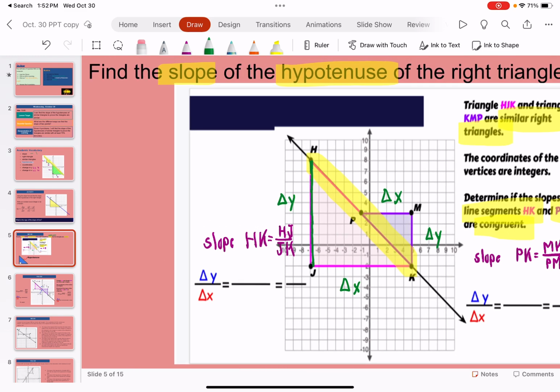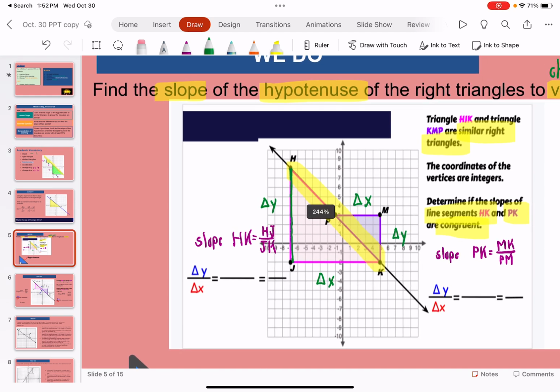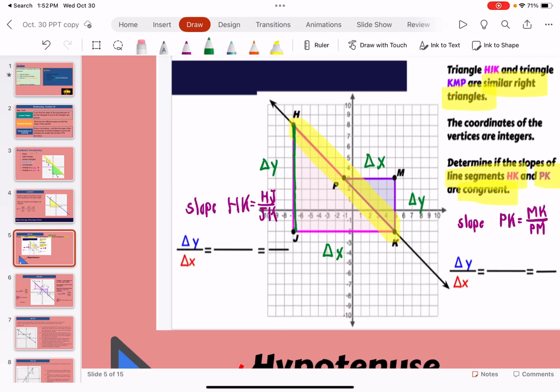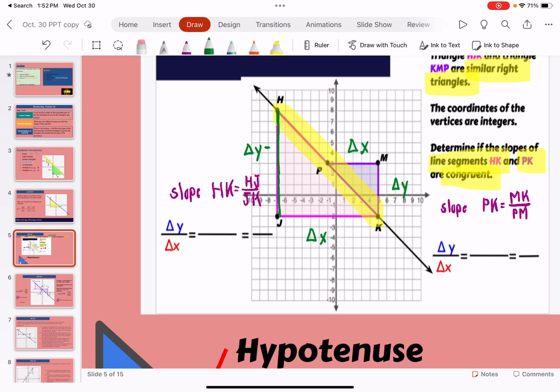Okay, so that means our change in Y is 10. And it's going to be negative 10 because we went down from left to right. So this is negative 10. Then our change in X, I'm going to go ahead and count, is 1, 2, 3, 4, 5, 6, 7, 8, 9, 10, 11, 12. So it's 12. So we have negative 10 over 12.